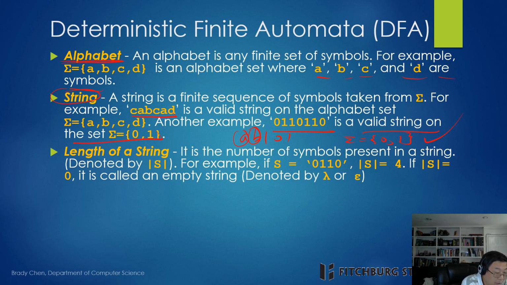The length of a string we define as the number of symbols in the string. In this case, S is 0110 and the length of the string is 4. If the length is 0, it is called the empty string. We use either lambda or epsilon to represent the empty string.